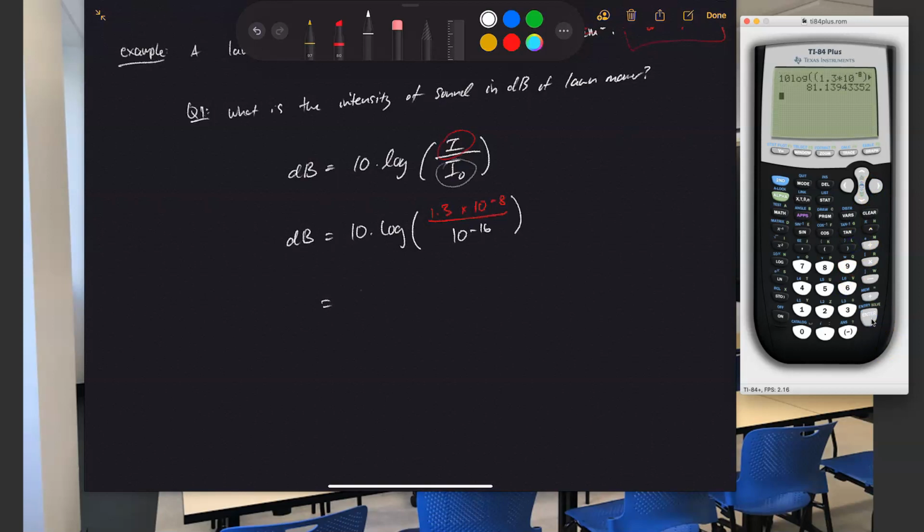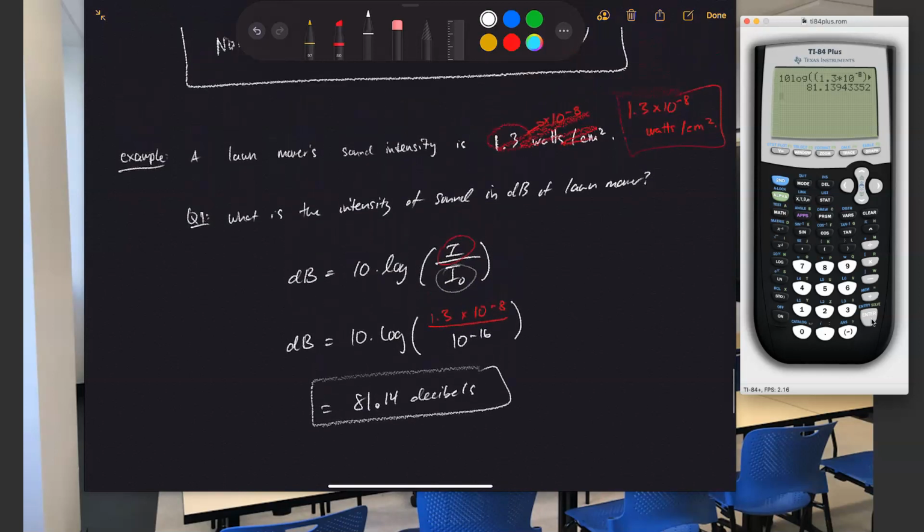We get 81.14. And what are the units here? Decibels. So my lawnmower would be around 81 decibels.